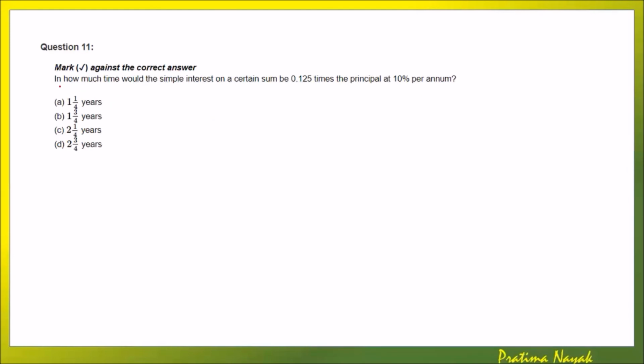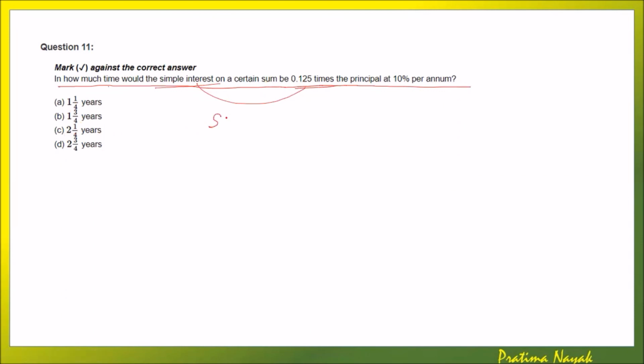So question number 11. In how much time would the simple interest on a sum become 0.125 times the principal at 10% per annum? The answers are 1 and 1 by 4, 1 and 3 by 4, 2 and 1 by 4, 2 and 3 by 4 years. In how much time would the simple interest become 0.125 times of the principal.